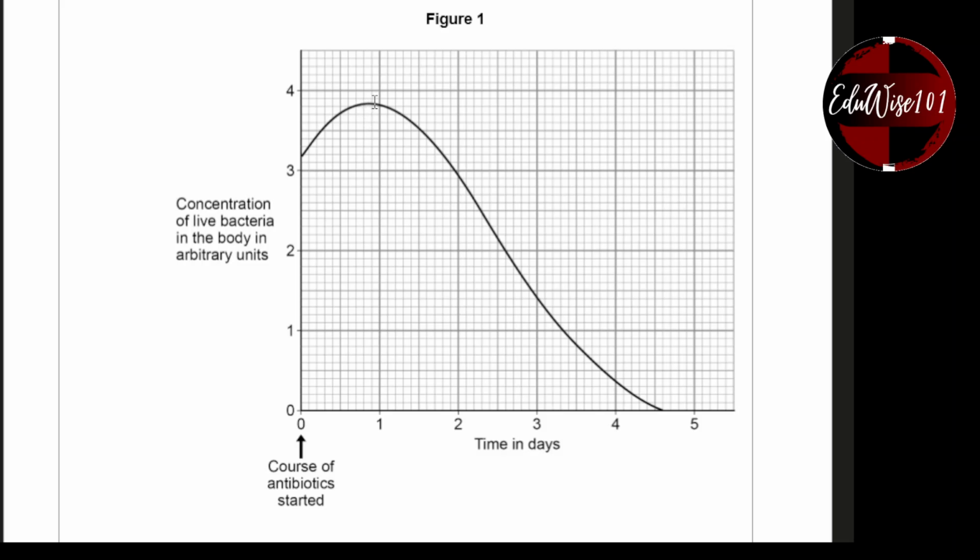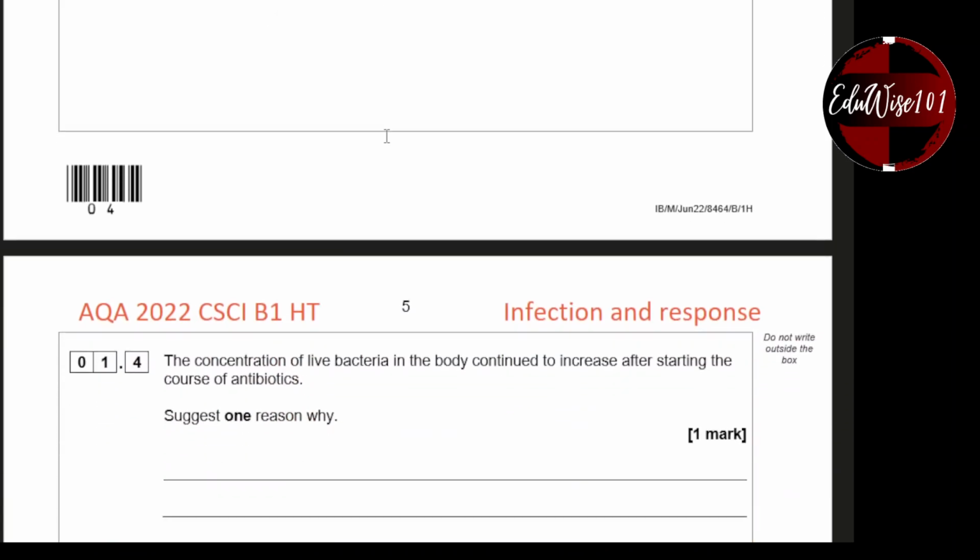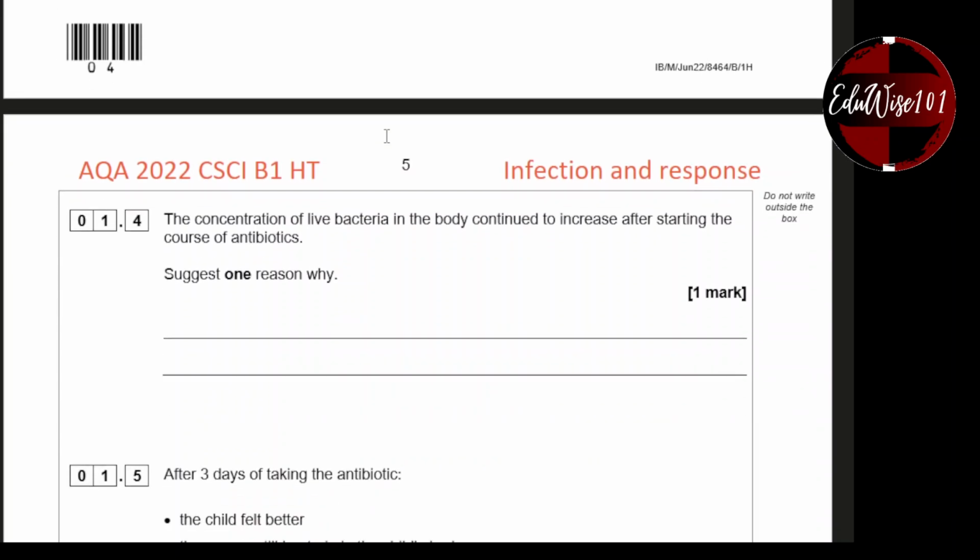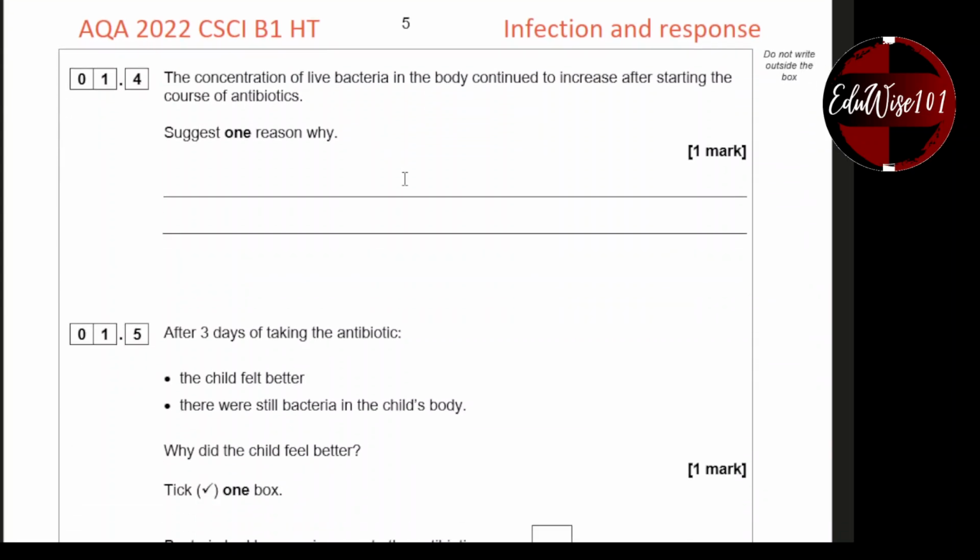So the concentration of live bacteria in the body continued to increase after starting the course of antibiotics. Suggest one reason why. Well, it takes a little bit of time for the antibiotic to reach the bacteria and to take effect.